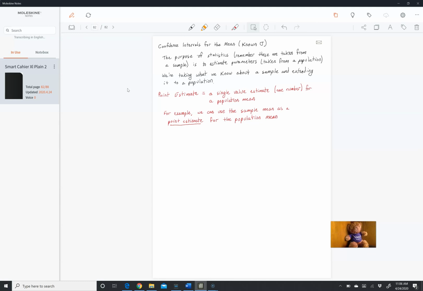So let's also include this thing that if we increase the sample size, we increase the accuracy of our point estimate. Because that's important.